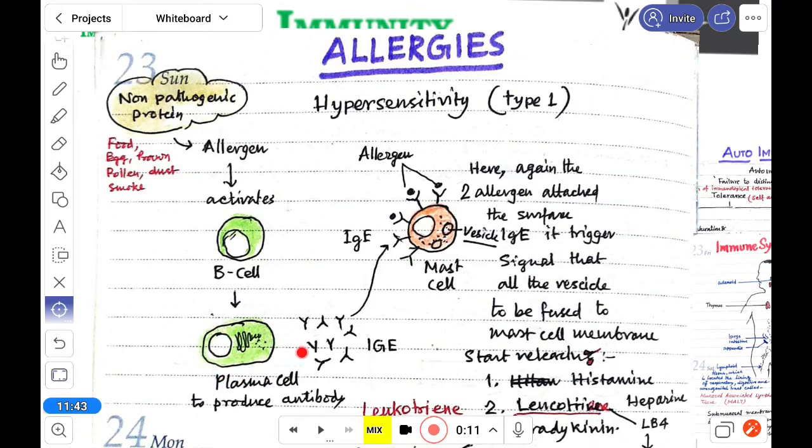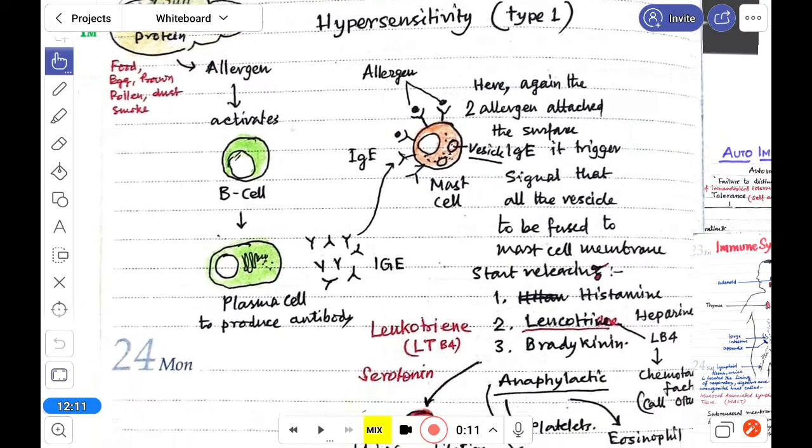And here it starts producing a huge amount of antibody. These are the IgE immunoglobulins, and in our mast cell, it triggers secretion, some alarming signal from the immune system.